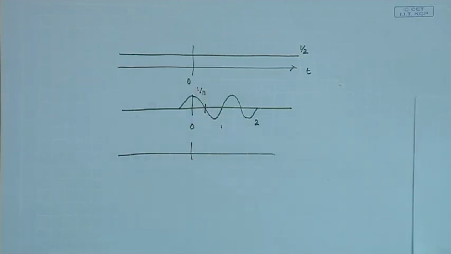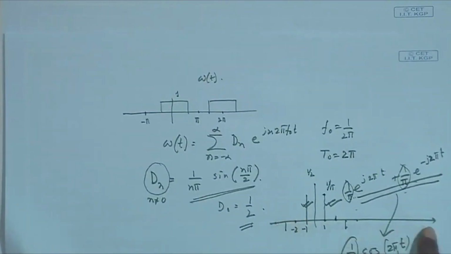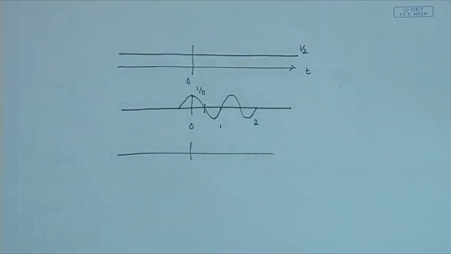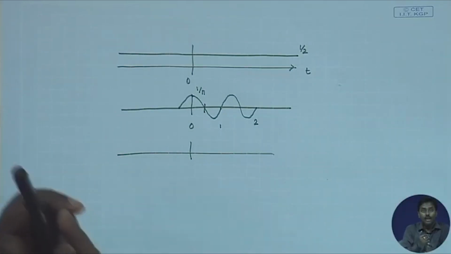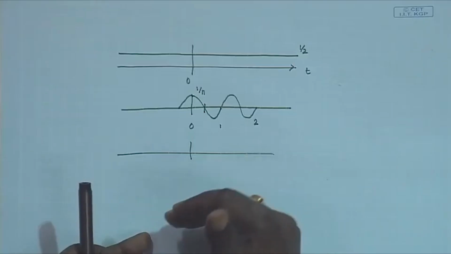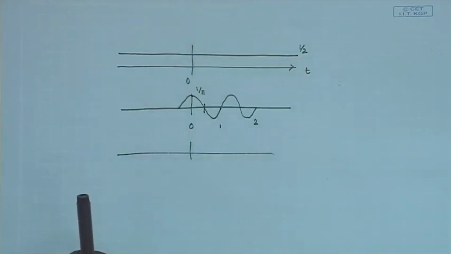As you go along the frequency line, your frequencies will be doubled, thrice or 4 times, and accordingly the repetition period will shrink, and you will have to draw those things with exact phase and amplitude. Once you draw this, and if you add all of them up to infinity, you will see that exactly the signal that we have targeted will be generated. So, this is the significance of it.